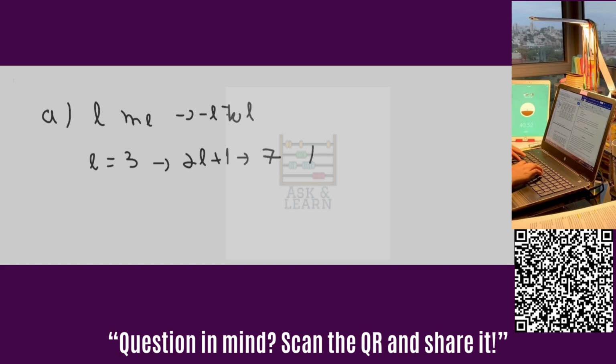And because Lz is proportional to ml, we have 7 different possible values for the orbital angular momentum. The same thing applies for the orbital magnetic moment, because mu z is proportional to ml. There are also 7 different values for the magnetic moment.